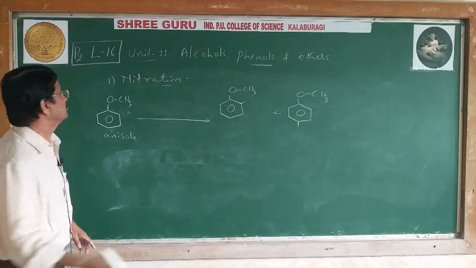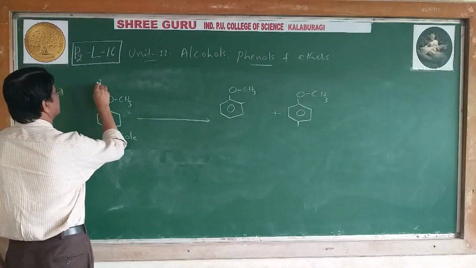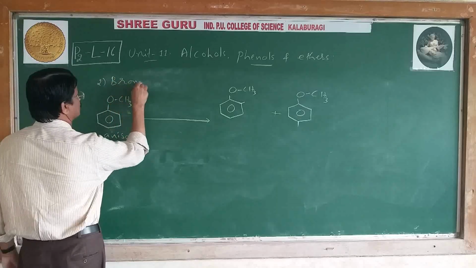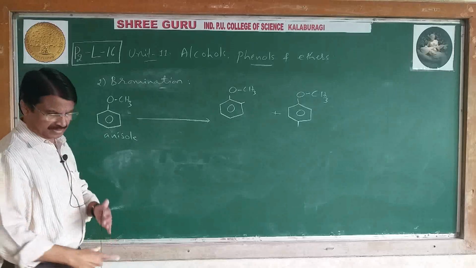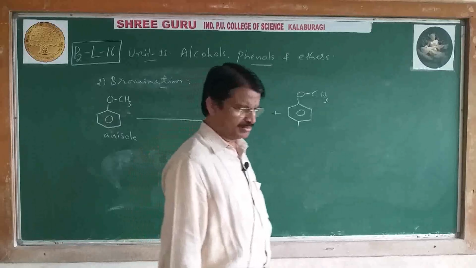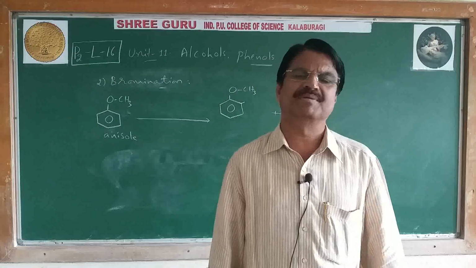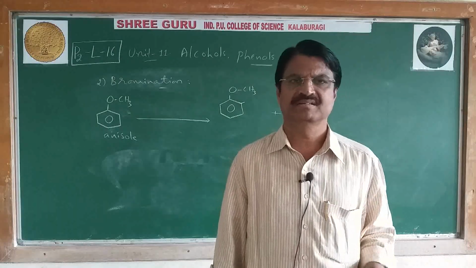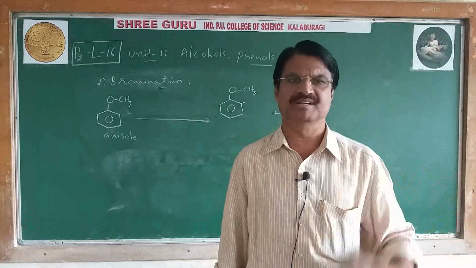In case of bromination, see what happened. Second, bromination. Usually in bromination, we take bromine in carbon disulfide, or bromine in FeBr3, ferric bromide.